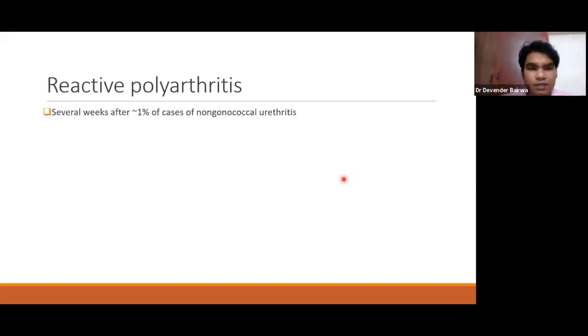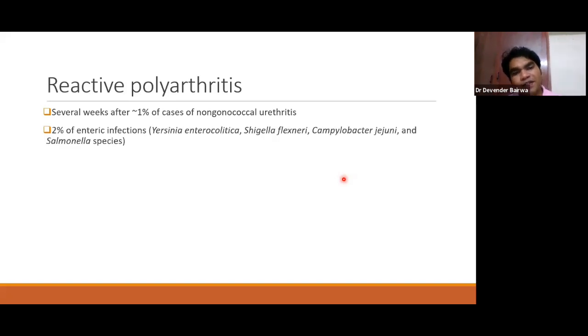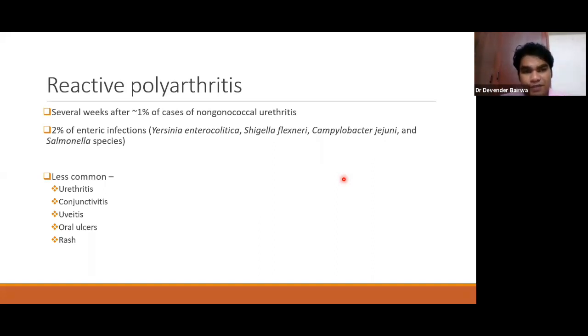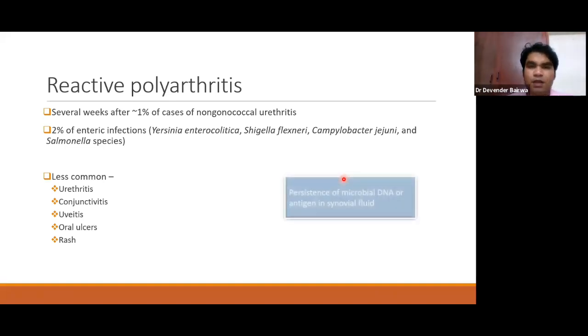Generally, in non-gonococcal arthritis, 1% of cases can have reactive polyarthritis after many weeks, or in case of enteric infection, 2% of cases can develop reactive polyarthritis. Mostly it is seen with Yersinia enterocolitica, Shigella flexneri, Campylobacter jejuni, or Salmonella species. Apart from arthritis, less common manifestations of this reactive syndrome include conjunctivitis, uveitis, oral ulcers, and rash.